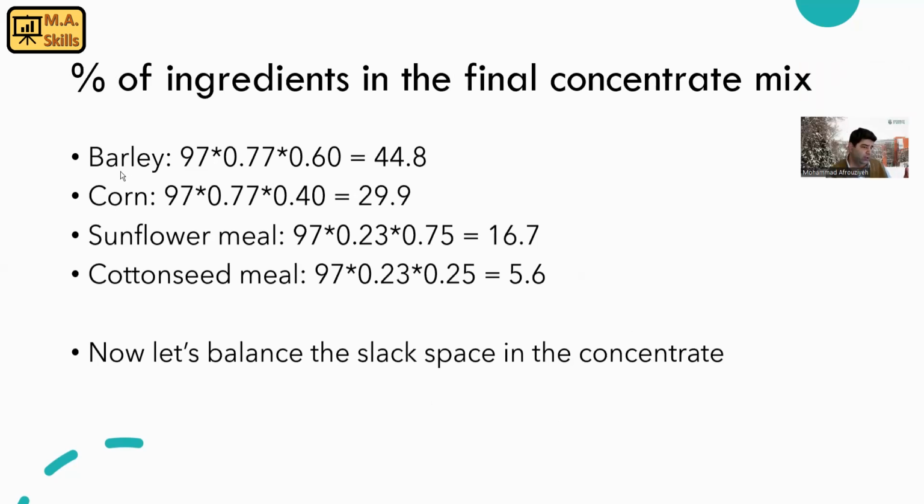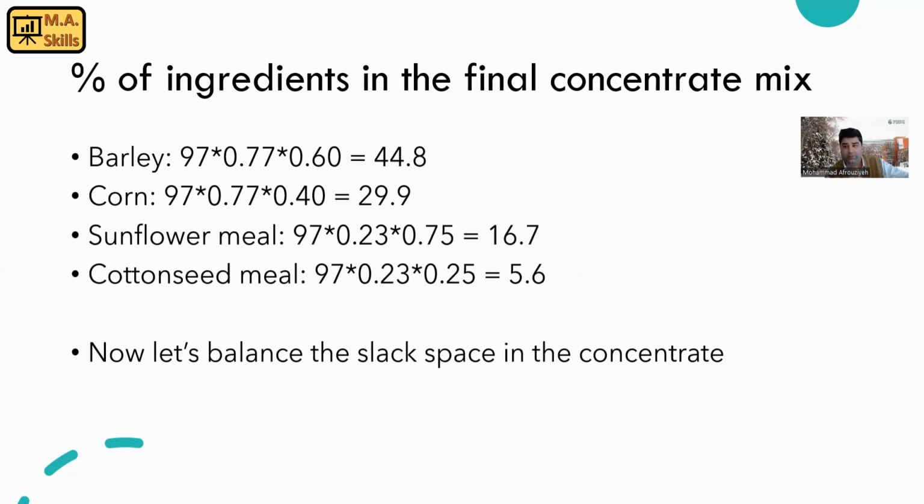So look, for barley, what I'm going to do is to say, okay, barley is located in the feed part, not the feed additives or the slack space. And if you remember in the previous episode, I said we will have about 3% slack space in this concentrate, which doesn't have any energy and protein value.